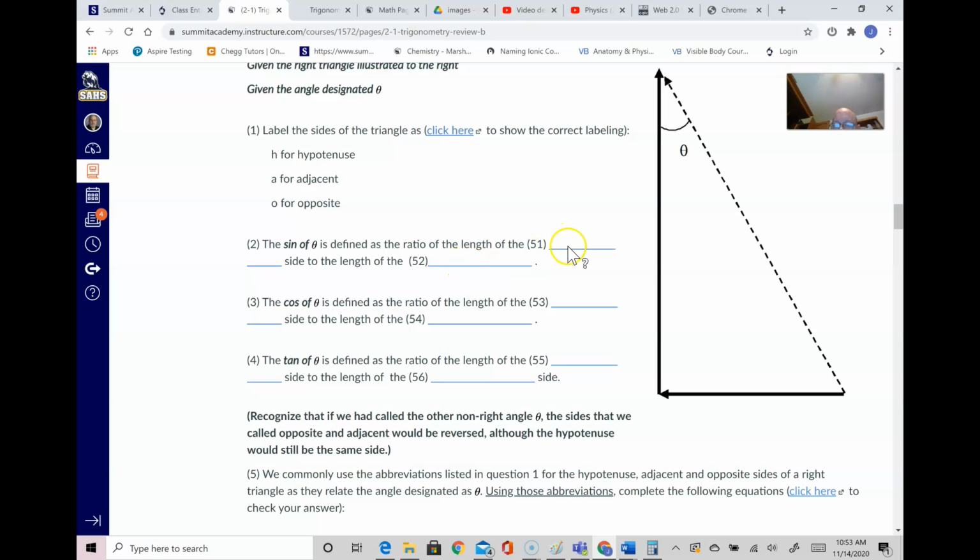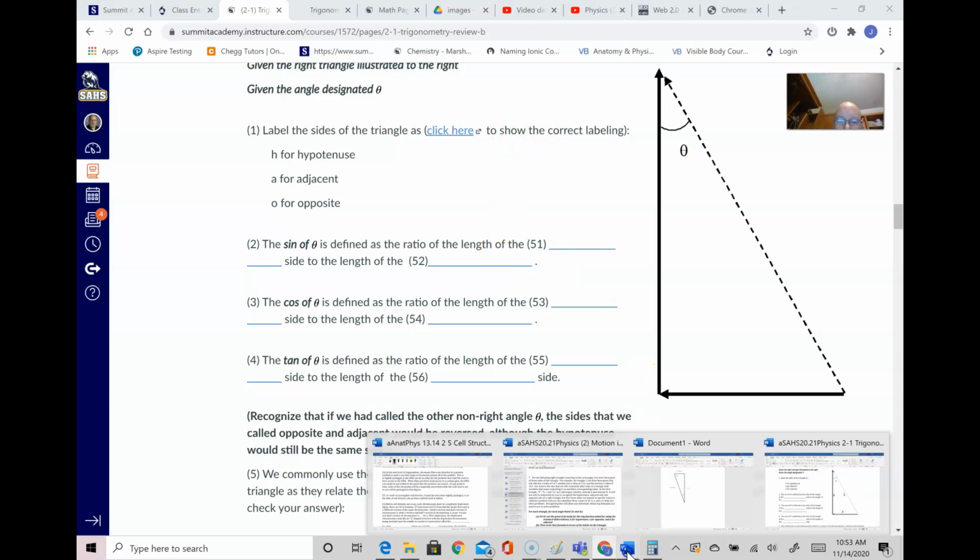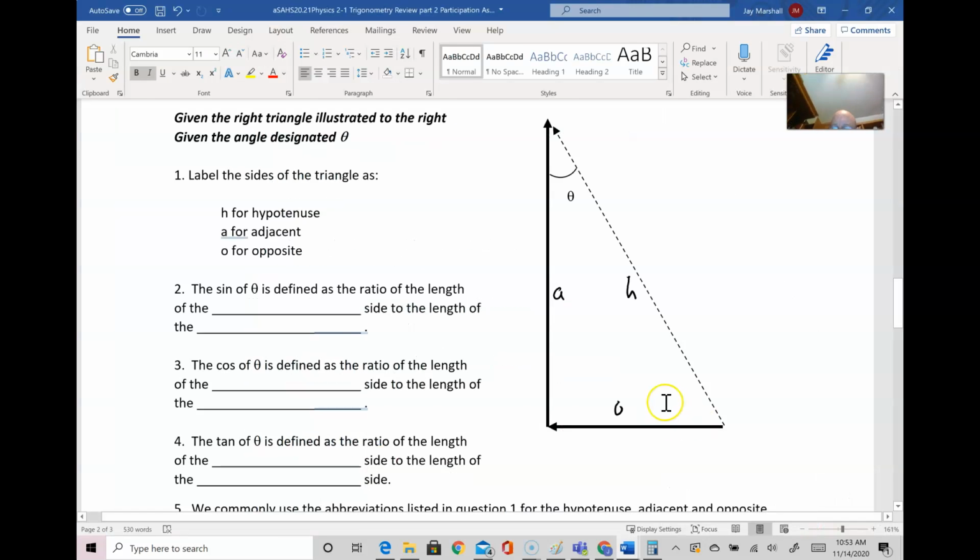So opposite and hypotenuse. And so on your worksheet, you would come in here and say opposite and hypotenuse. Oops, except I've got to spell it right, don't I? Hypotenuse.